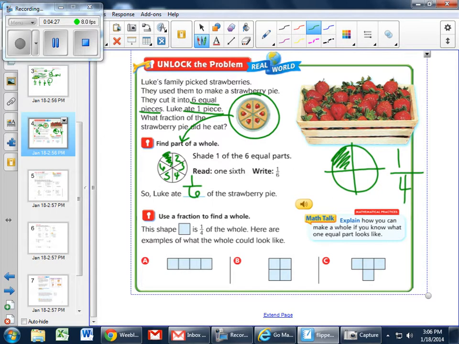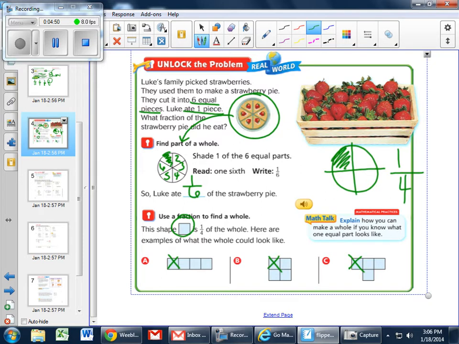On the bottom, use a fraction to find a whole. This shape right here is 1/4 of the whole. Here are examples of what the whole would look like. This unit fraction, this is 1 of them. That's 1/4. This is 1/4. This is 1/4.